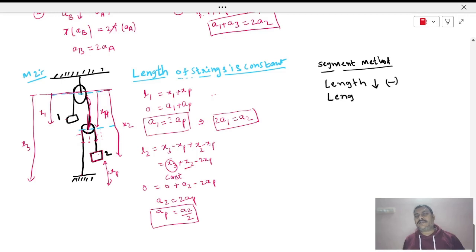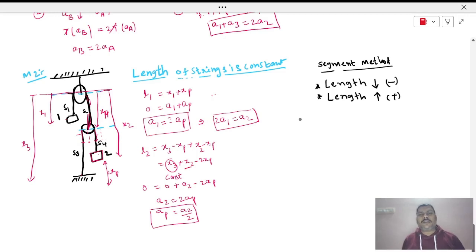In the problem you will understand why I have given this concept. This is very important, remember. In the diagram, this is one segment, segment 1, this is another segment, segment 2, segment 3, segment 4: four segments.